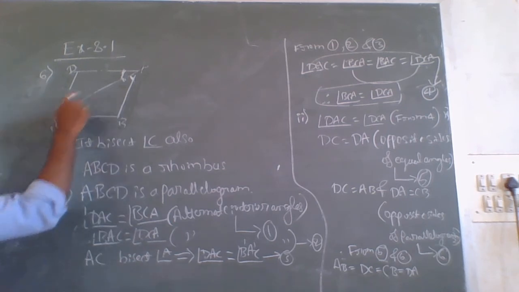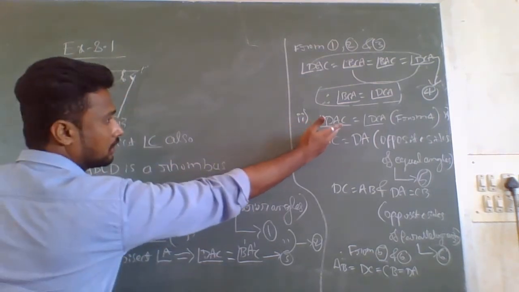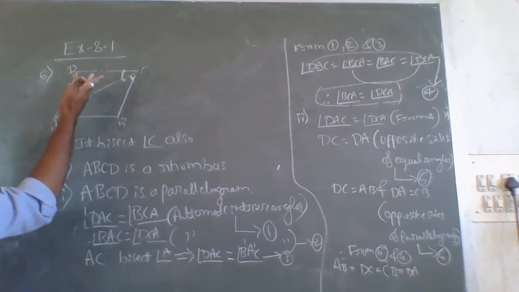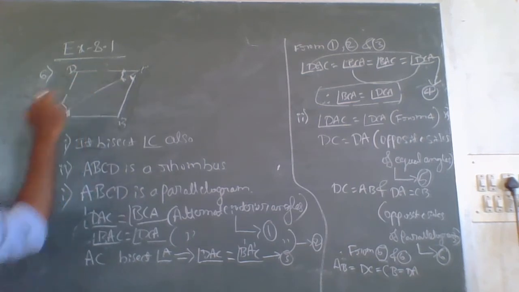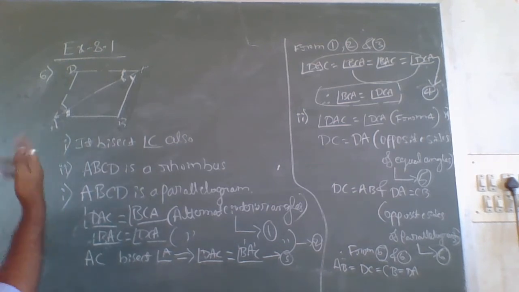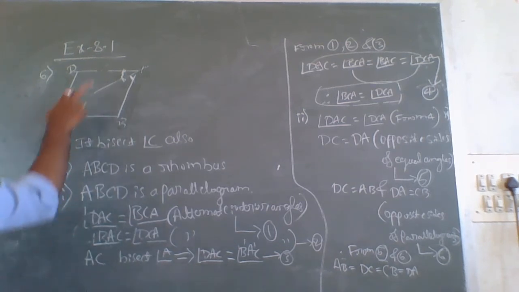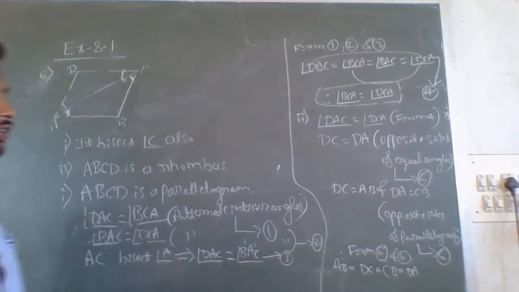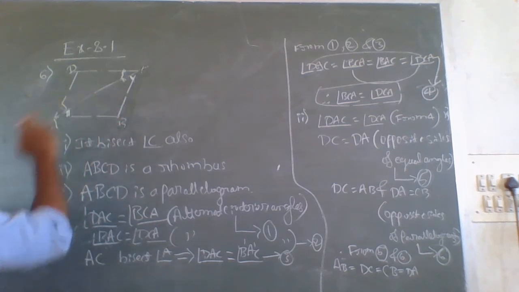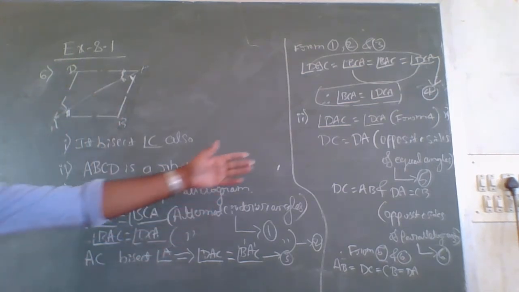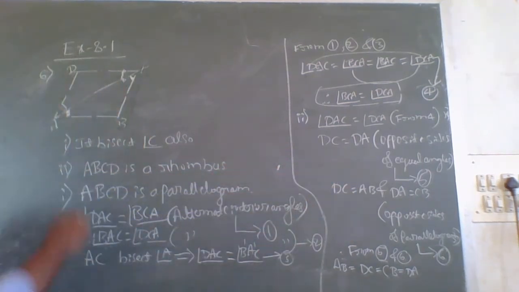Since it is given that this is a parallelogram, opposite sides are equal, so these two sides are equal and these two sides are equal. So from 5 and 6, all these sides are equal to each other. Therefore this is a rhombus.